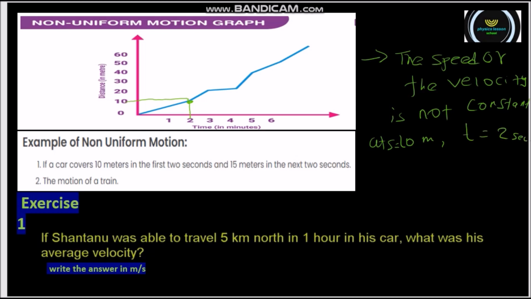Again, at 20 meters, the corresponding time is 3 seconds. Let's say this is point 1 and this is point 2. Let us calculate the speed.